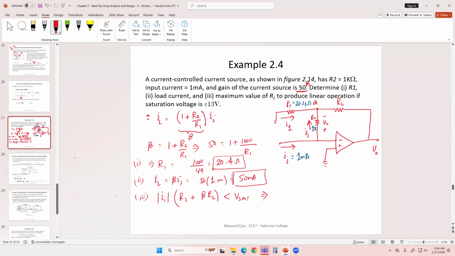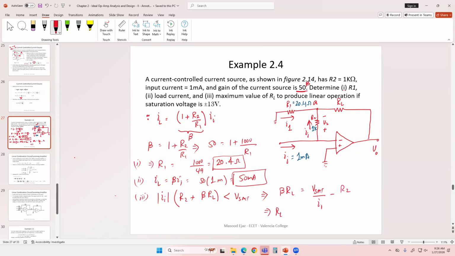So from this, for the equality case, we can find out beta RL equals V saturation over I input minus R2.